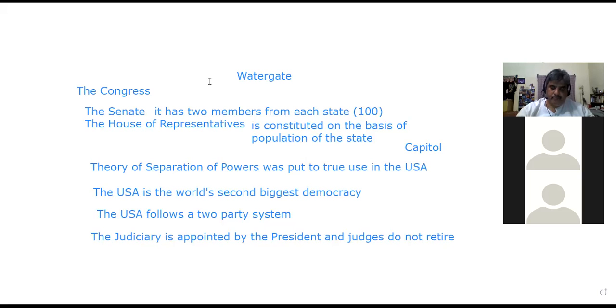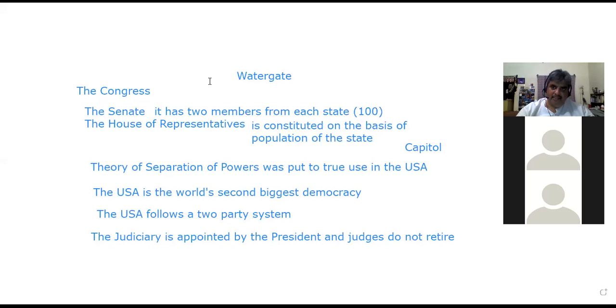So in contrast to this, if you look at America, on paper, it looks like it has the theory of separation of powers properly drafted into the Constitution. That is basically what we think it is.